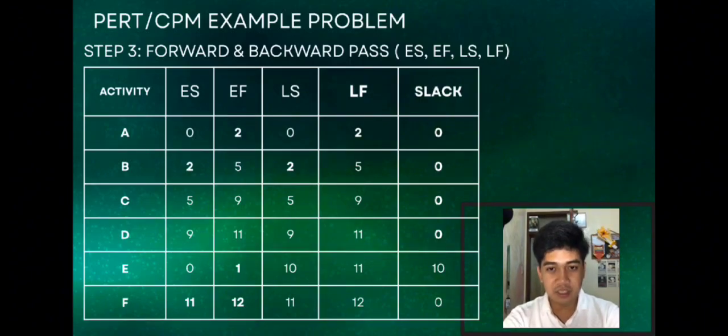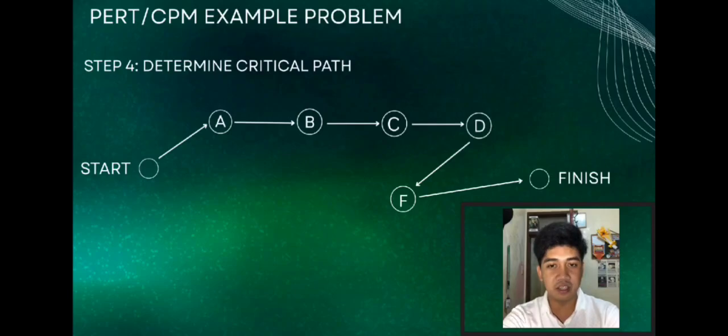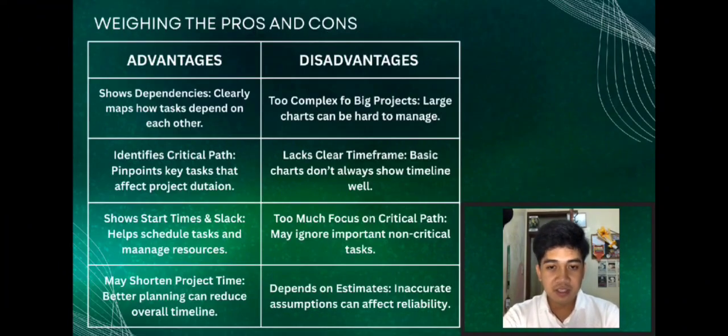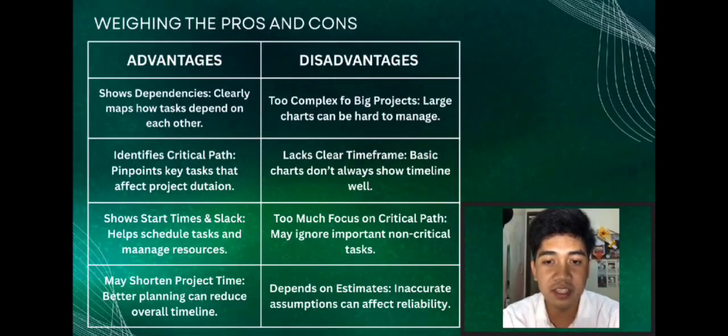So, the step 4 in determining the critical path, we have the start in A, to B, to C, to D, and to F to finish. So, in weighing the pros and cons, I will first state the advantages.